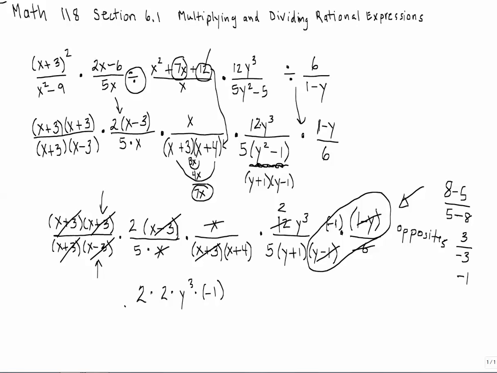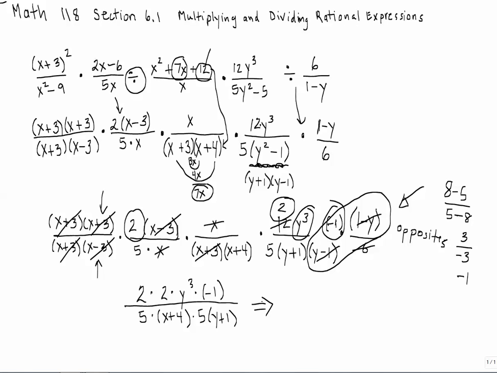I think I've gathered everything in the numerator. Just let me look real quick. There's the 2, and there's the other 2, and there's the y to the third, and there's the minus 1. Yeah, that's everyone upstairs. Downstairs, I have a 5, an x plus 4 quantity, little family there, can't break them up, another 5, and a y plus 1.